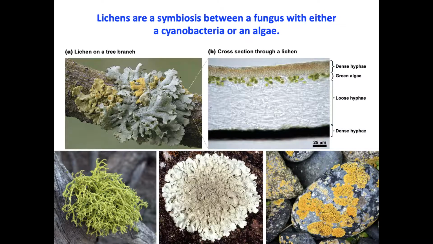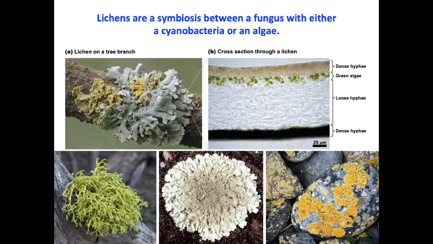Fungi also form another kind of symbiotic relationship. This is a symbiotic relationship between a fungus and a cyanobacteria, or a fungus and an algae. That combination comes together to produce a lichen. A lichen is a symbiotic combination of a fungus and a cyanobacteria, or a fungus and an algae.